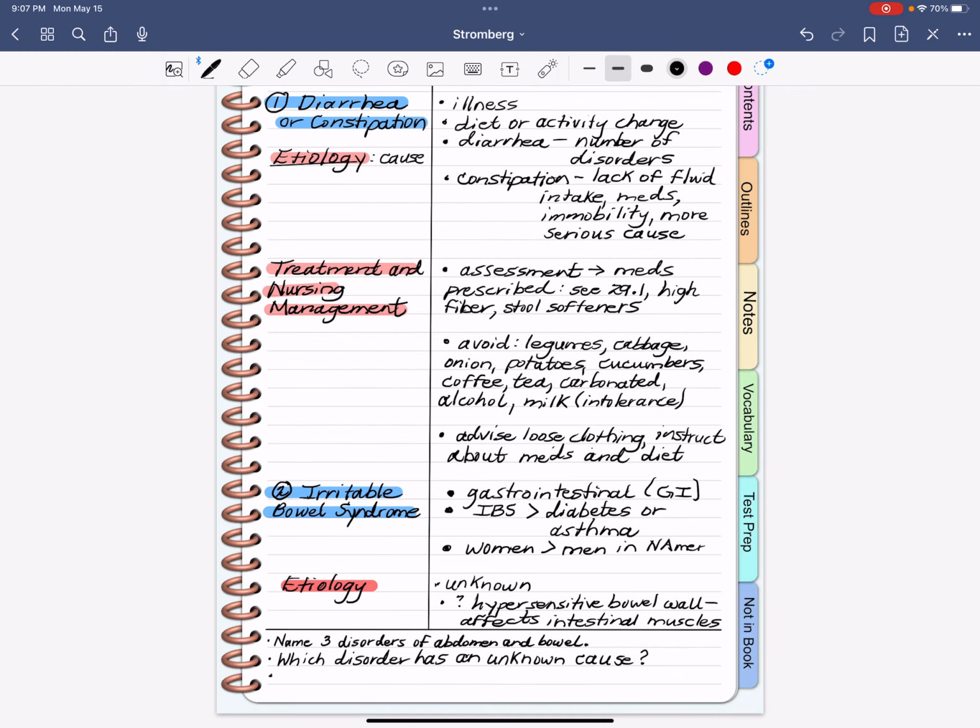This is one that really is not answered on this page, but I think it's worth thinking about. Why might coffee and tea aggravate bowel problems?